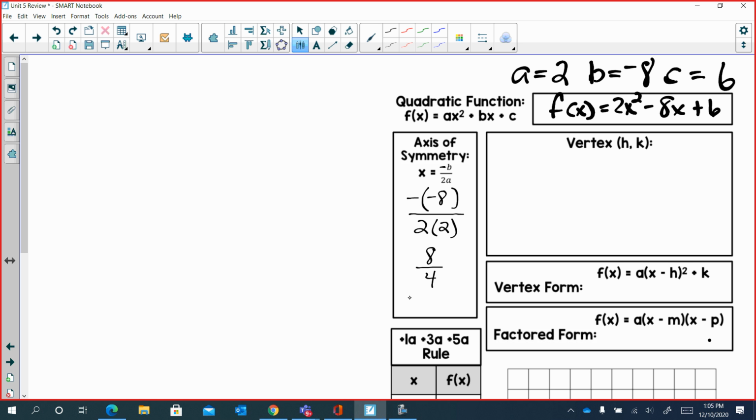So the X equals 2. There's our answer right there. X equals 2. Now we're going to plug it in. Since the equation is 2x squared minus 8x plus 6, wherever the x is, that's what we're plugging in the number.